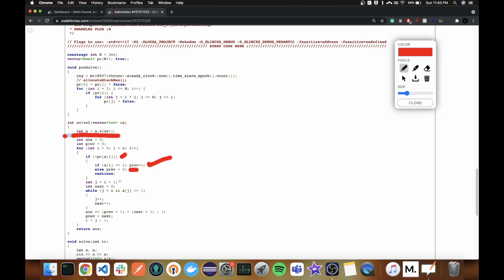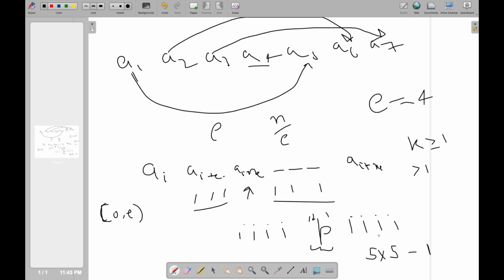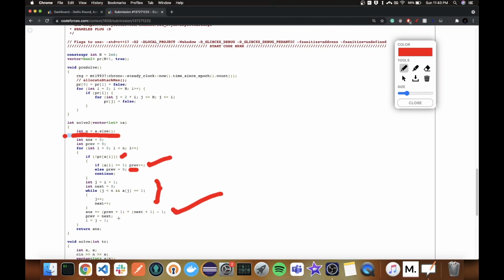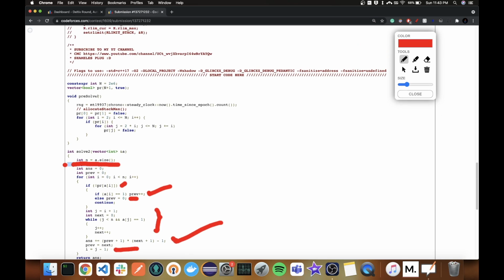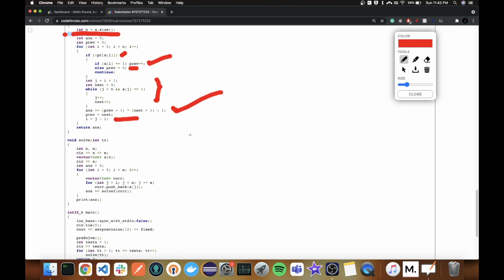Now if it is prime, I'm counting the number of ones immediately to the right of it, and then I'm doing that equation I wrote here, and then I'm setting previous equal to next, updating the pointer, and here is the sieve of Eratosthenes.